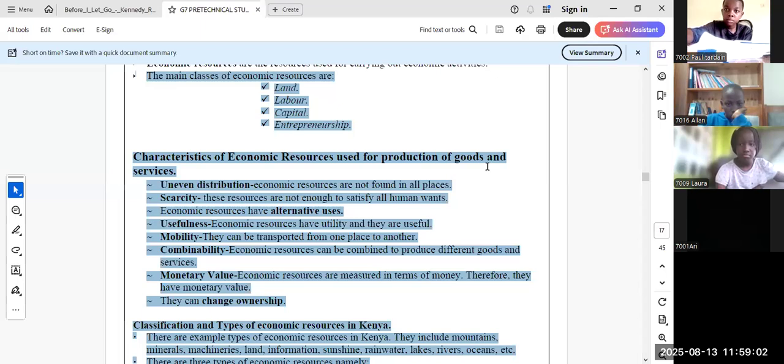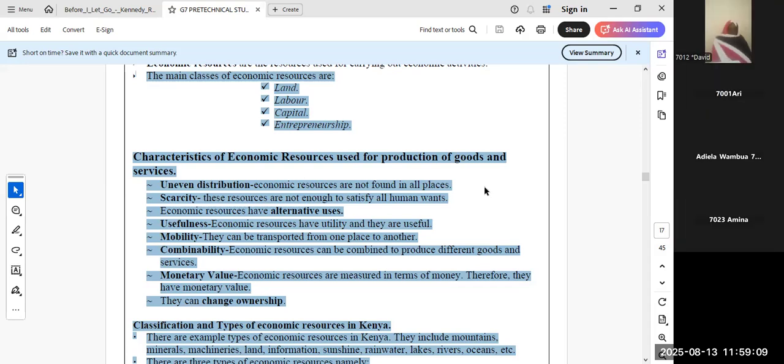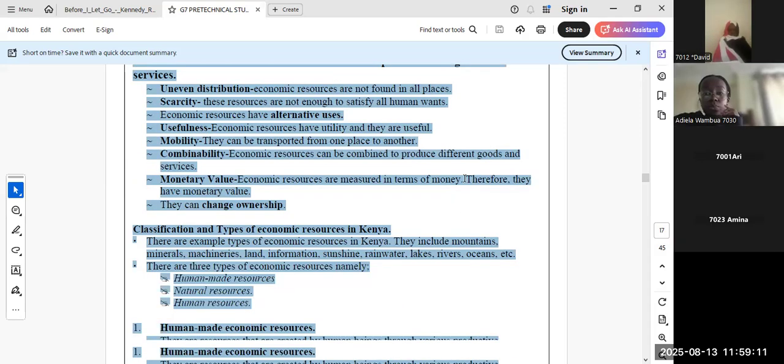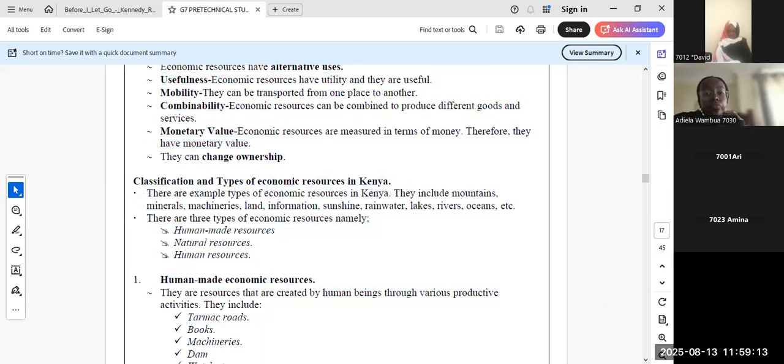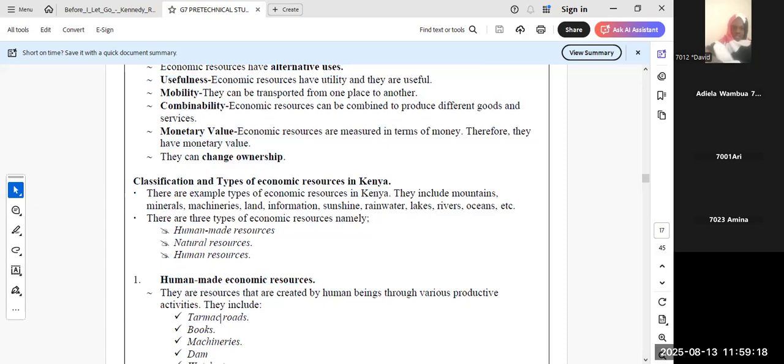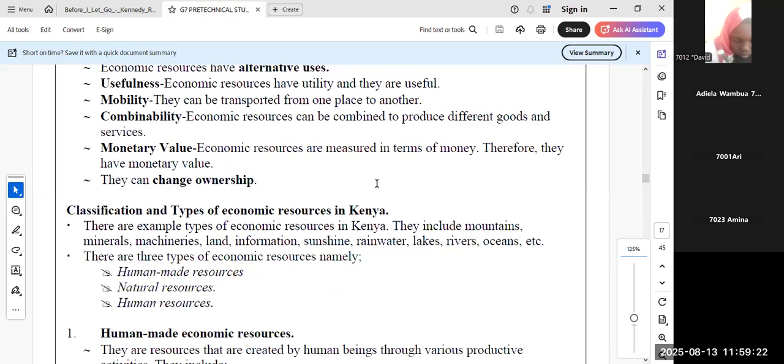Great. So we can confidently move to the next part. Here, I want us to look at classification and types of economic resources in Kenya.